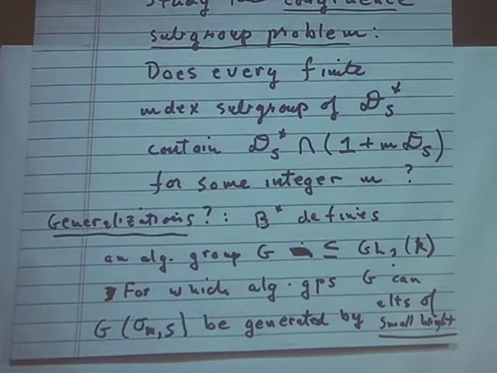What's interesting about this is that the division algebras turn out to be much more tractable than such things as the matrix algebra itself. For arbitrary matrix algebras, we don't know if this is true. For G equals GLN, we do not know if this is true. And I'll try to explain why the division algebras are more tractable in this strange way.